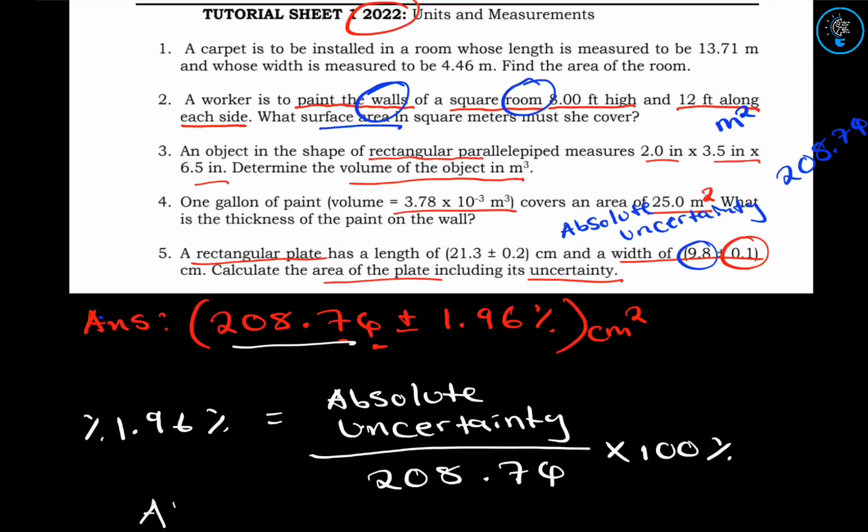The absolute uncertainty will be equal to this percentage divided by 100 times 208.74.